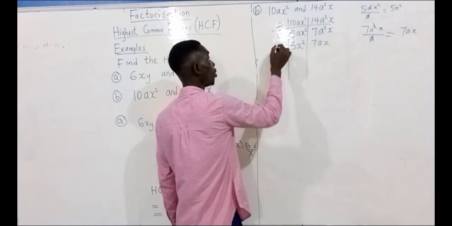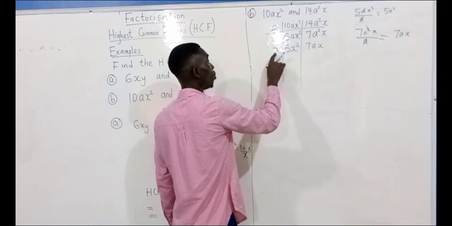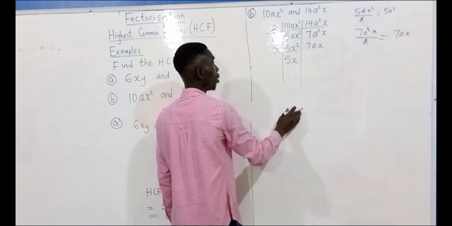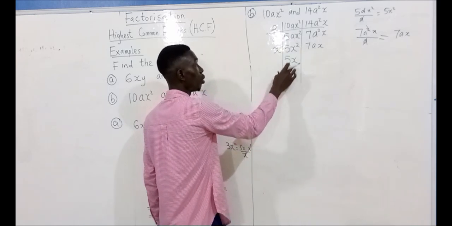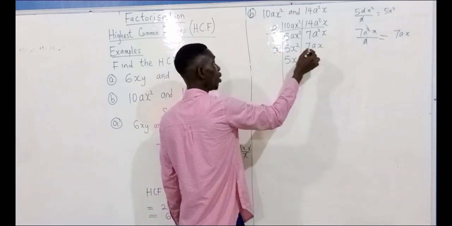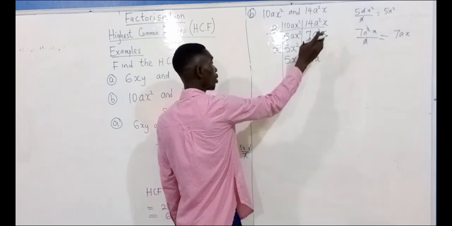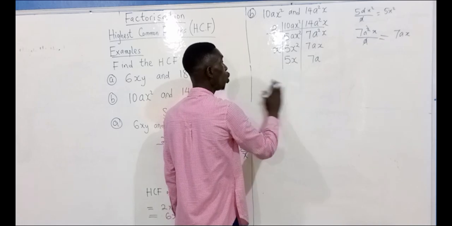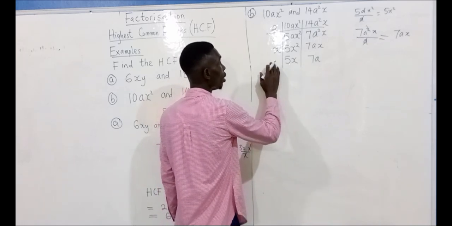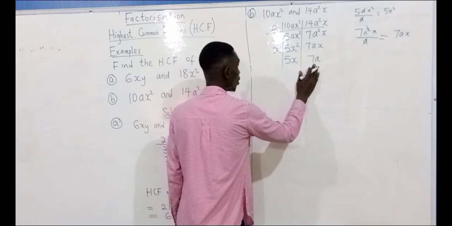So we can use x to divide through. So 5x squared divided by x gives us 5x. Remember, one of the x here will go, so we're left with 1. And then 7ax divided by x, we have 7a. At this point there is no term that can divide 5x and 7a at the same time.